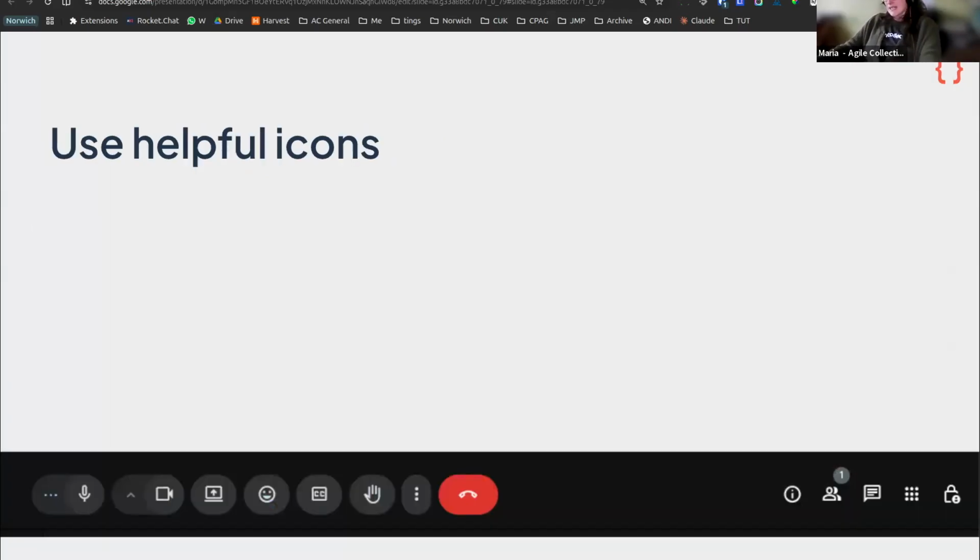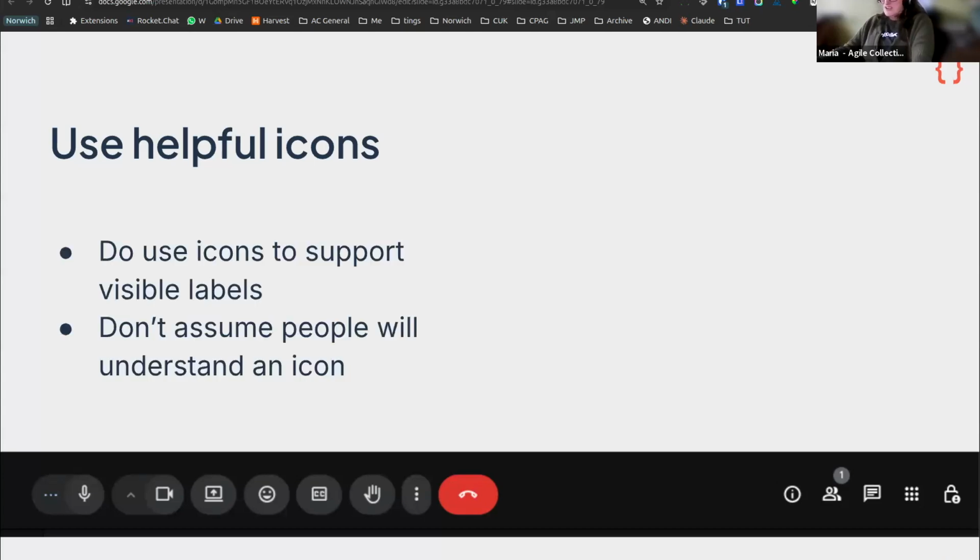Yeah, icons. Here's a set of icons some of you might be familiar with. I'm very used to having to try and describe how to share a screen to people using this set of buttons, because it's really not obvious which icon is which. So do use icons.